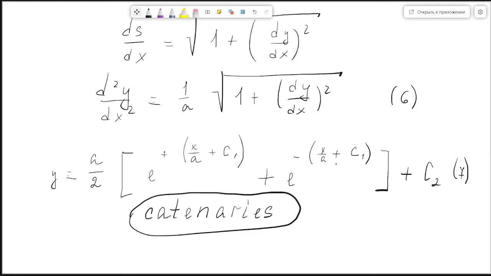Let us now find out how one should choose the constants C1 and C2 so as to obtain precisely that catenary whose lowest point M has coordinates 0 and b.